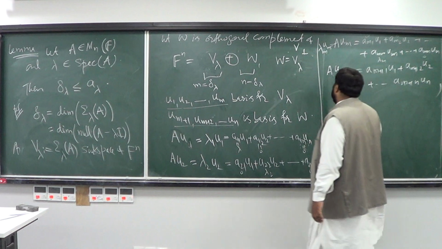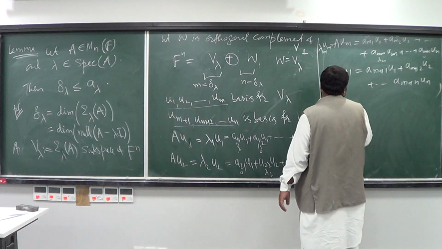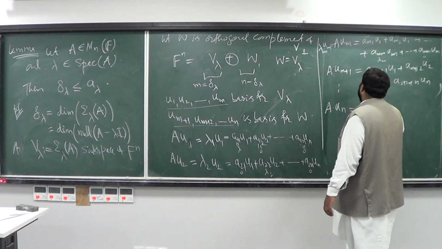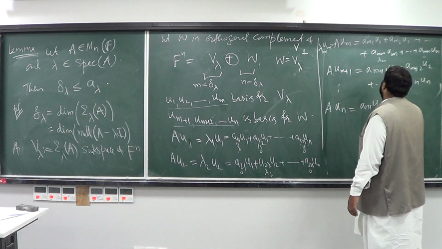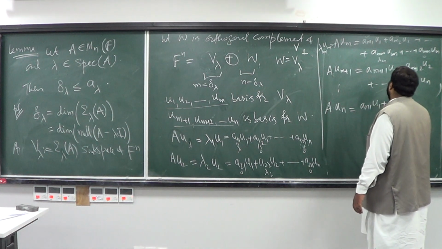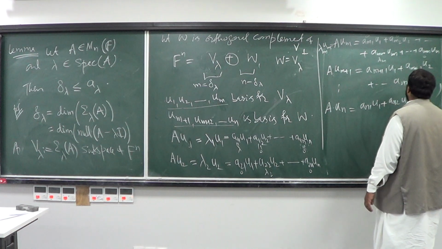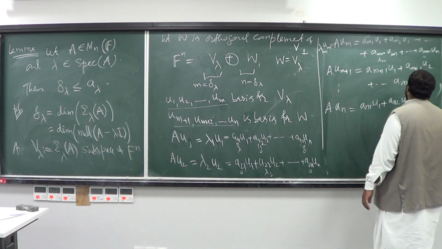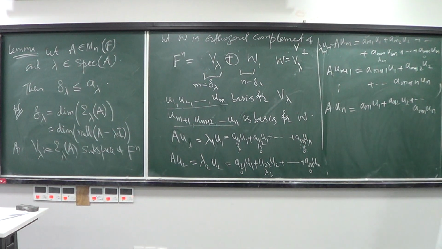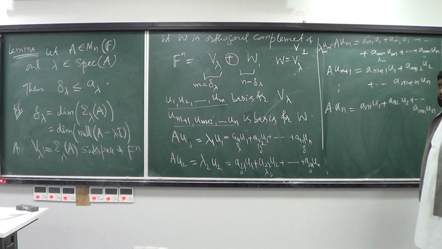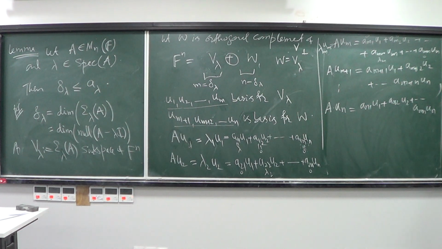And similarly, the last one, AU_n, is going to be a_n1 u_1 plus a_n2 u_2 up to a_nn u_n. So these are the vectors. These are not necessarily zeros.